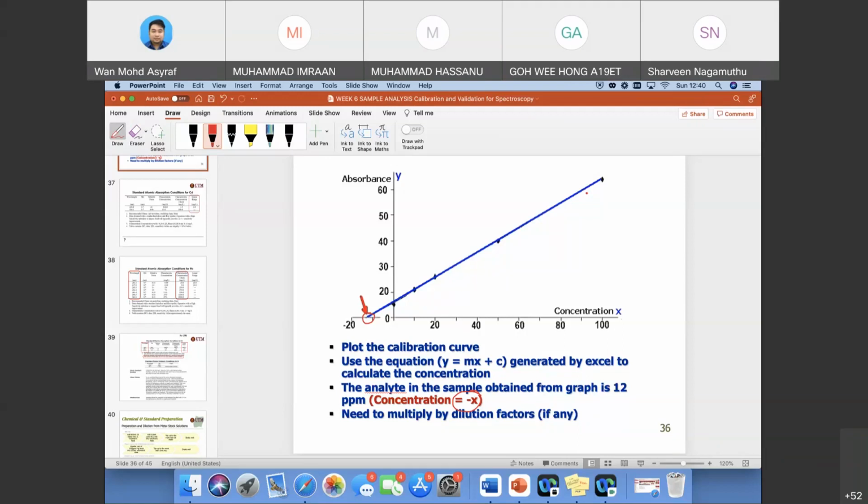So for this week we have finished your spectroscopic methods. So next week we will start with chromatographic methods. All right. So your test would cover all of the spectroscopic methods, chapter 1 until chapter 6. Okay.